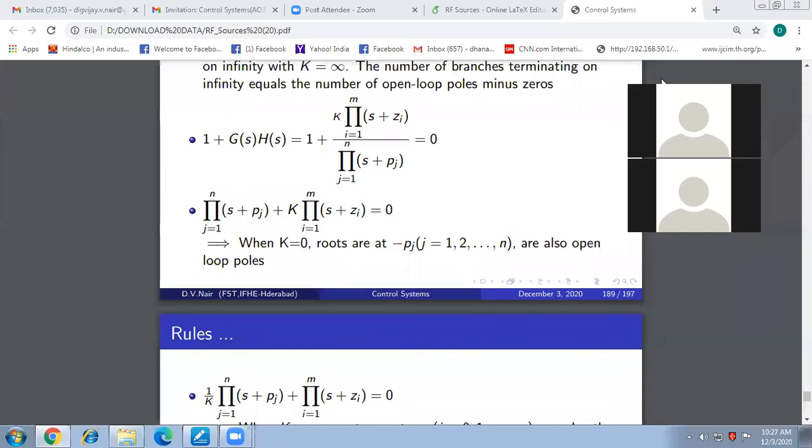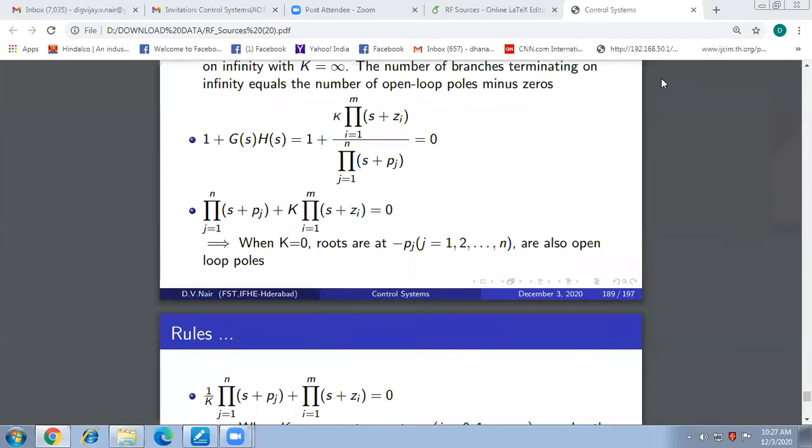The beauty of the method is we don't really need to construct the closed loop transfer function and then obtain the characteristic equation, the solution of which will give us closed loop poles.